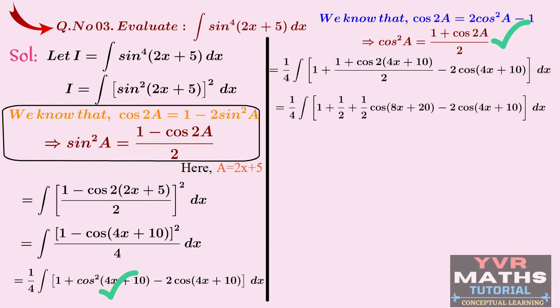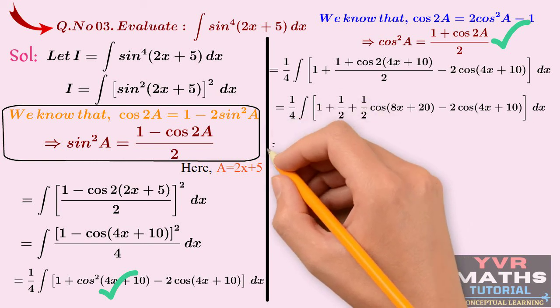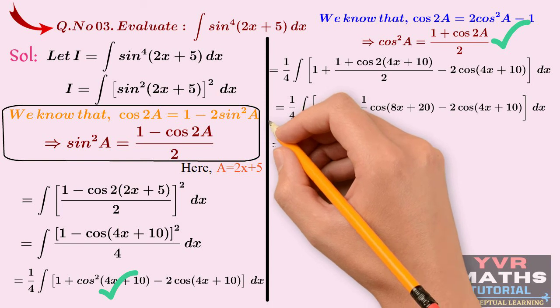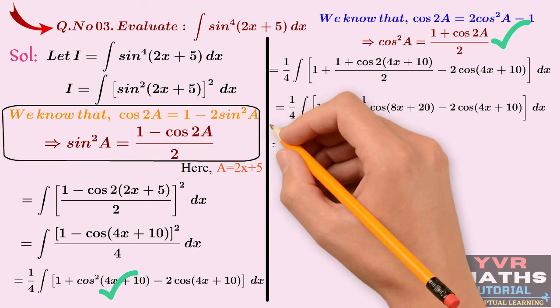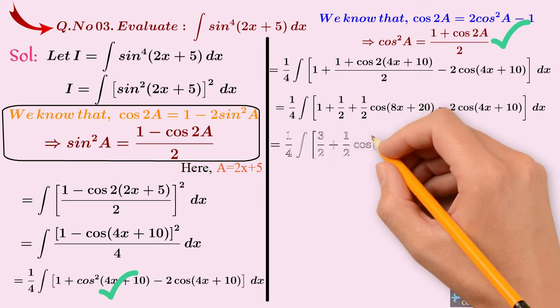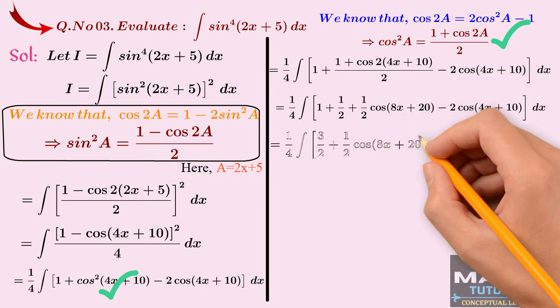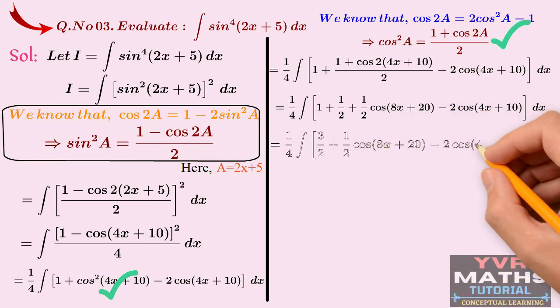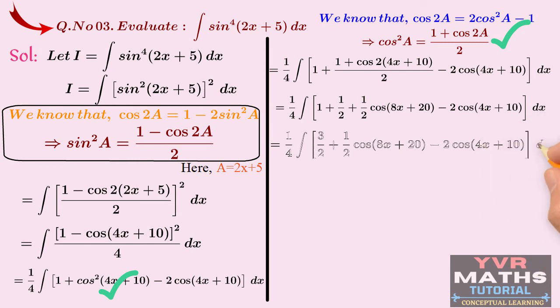Here the first two terms, 1 plus 1 by 2 is nothing but 3 by 2. So in the next step, 1 by 4 into integral 3 by 2 plus 1 by 2 cos of 8x plus 20 minus 2 times of cos of 4x plus 10 dx.